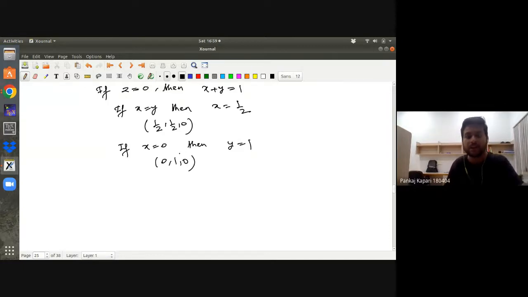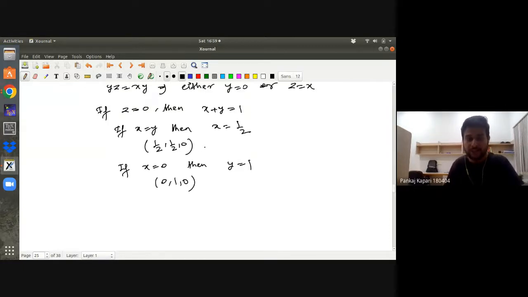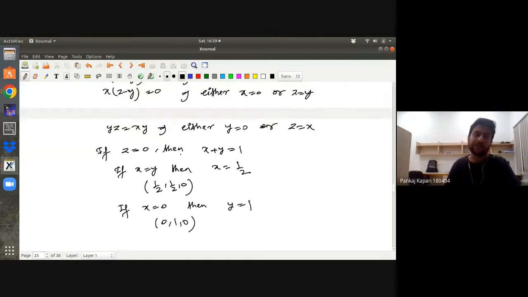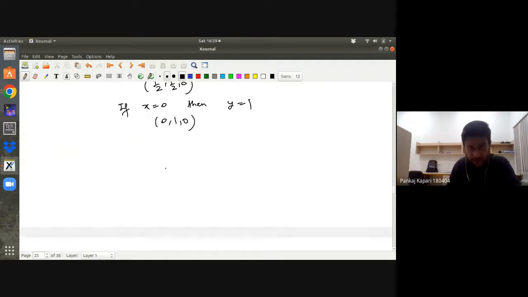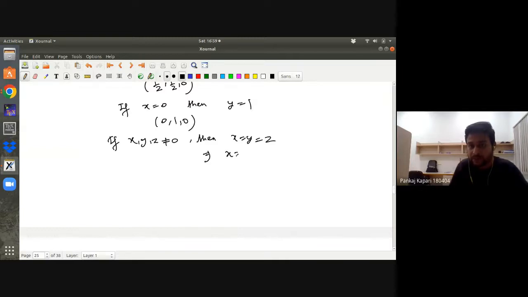Likewise we will get several points, and in one of them none of the coordinates is 0. If x, y, z are all not 0, then you can see that x must be equal to y and it must be equal to z, and this will imply that x must be 1 by 3, because x plus y plus z is equal to 1.